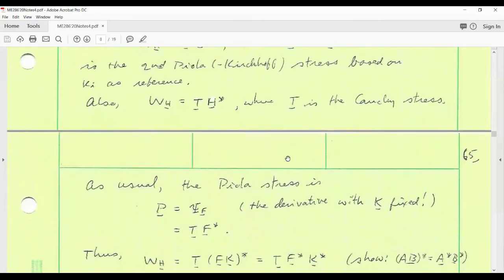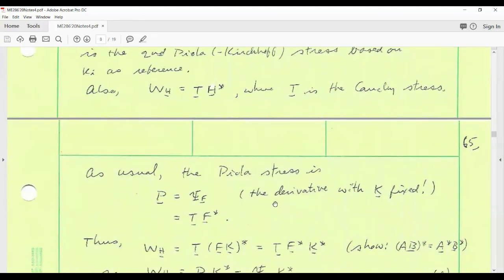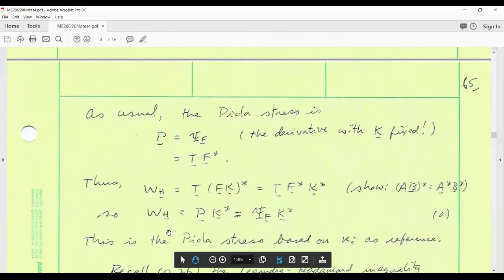So as usual, the Piola stress, which is the derivative of capital psi with respect to F, right? We're looking at K fixed here, this whole discussion, for the moment, only for now. As usual, that's T times F star, right? But we have two expressions involving T here, so we can relate these objects to each other. So the dW/dH is T H star, H is F K.